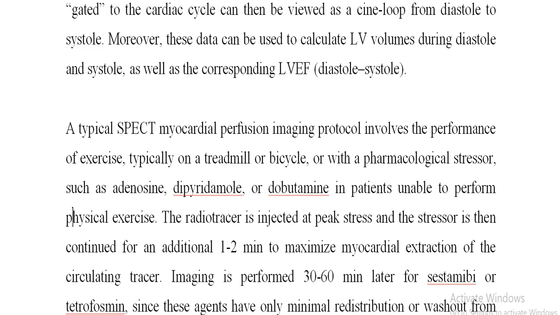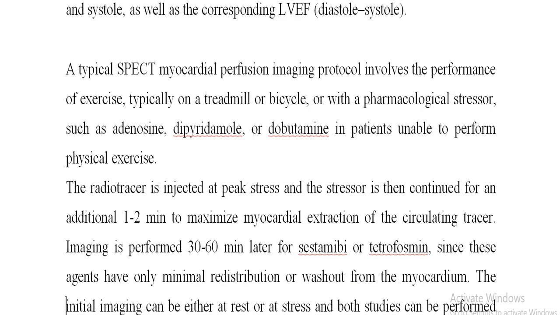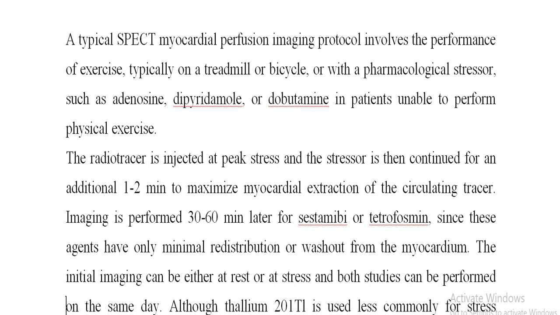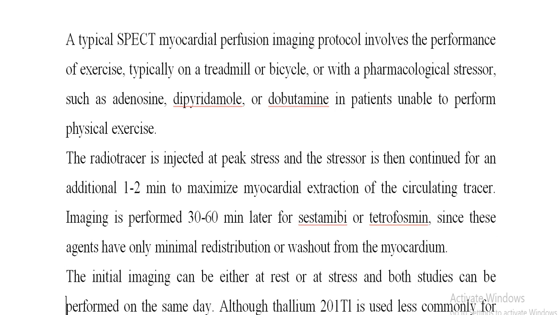The radiotracer is injected at peak stress and the stressor is then continued for an additional 1 to 2 minutes to maximize myocardial extraction of the circulating tracer. Imaging is performed 30 to 60 minutes later for sestamibi or tetrofosmin, since these agents have only minimal redistribution or washout from the myocardium. The initial imaging can be either at rest or at stress, and both studies can be performed on the same day.